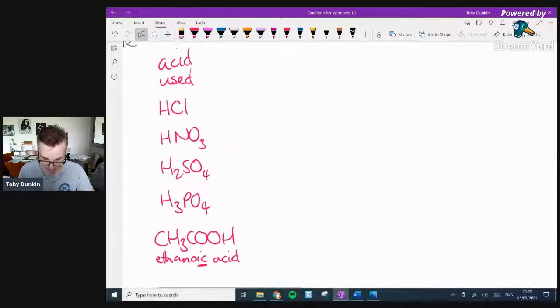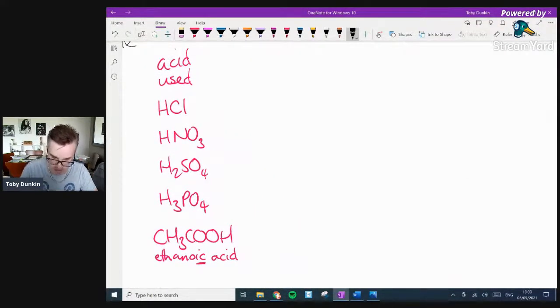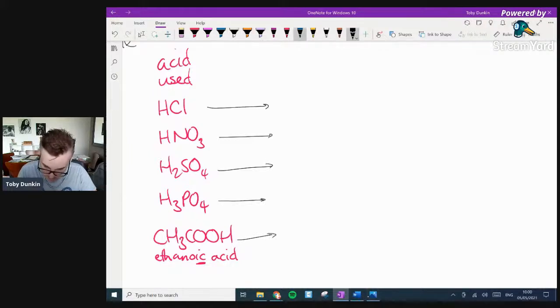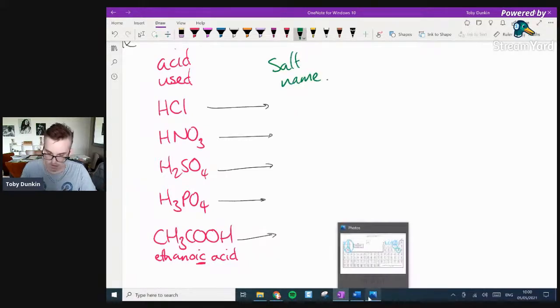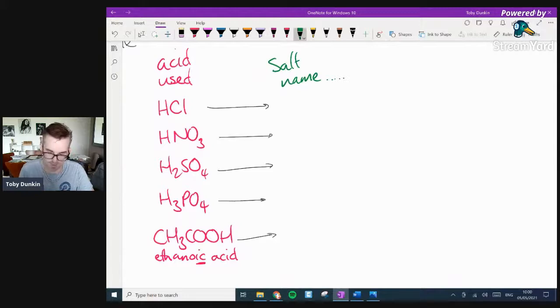So if I've used this acid, what salt will I get? So this is now going to be my salt name. And salts, of course, are neutral. So we've got X chloride.